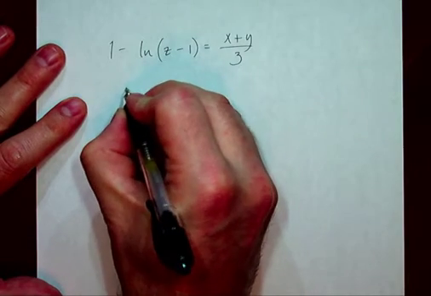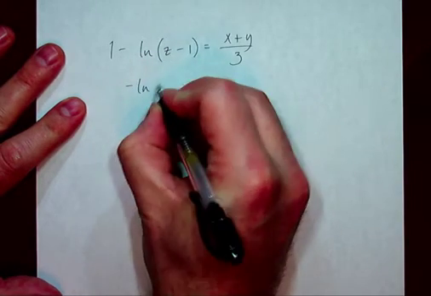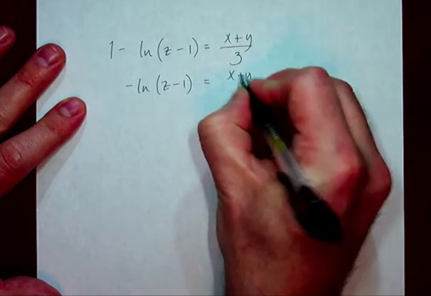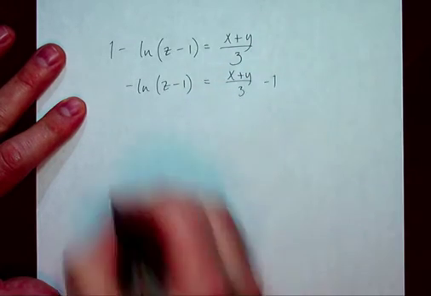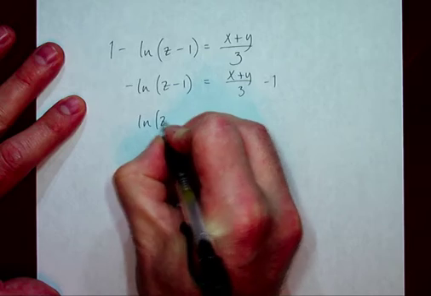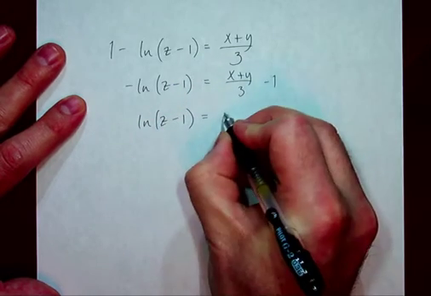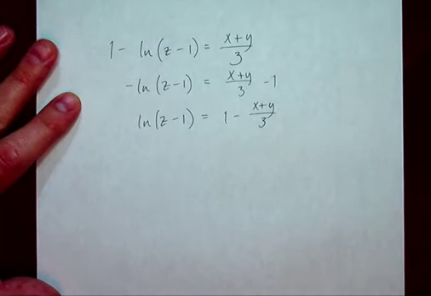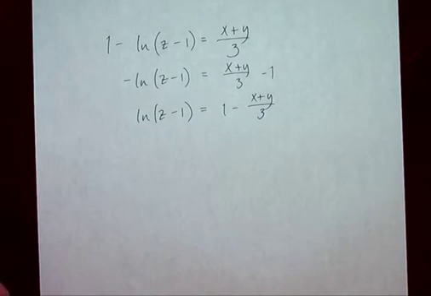So let's go ahead and subtract 1 from both sides, and then I can multiply both sides by -1, and the easiest way to do that is just to flip that difference, right? Now, from here, this is where it can get kind of fun, I guess.